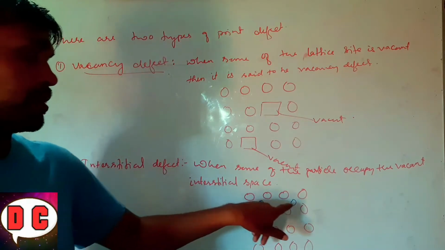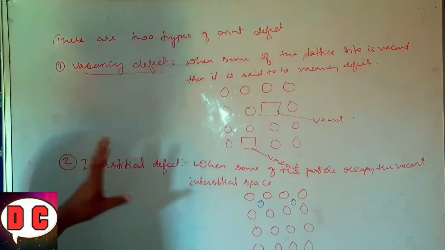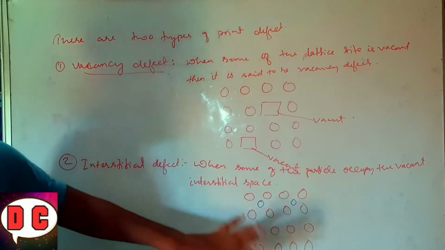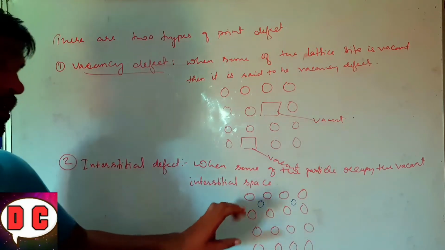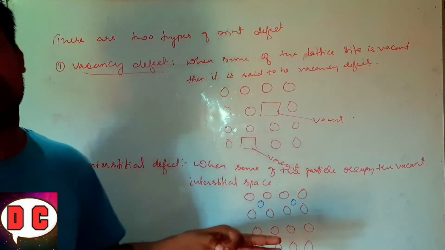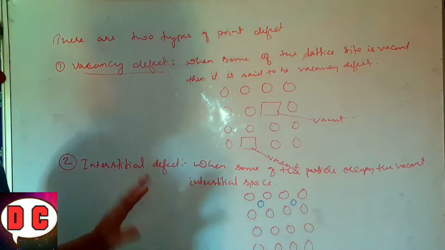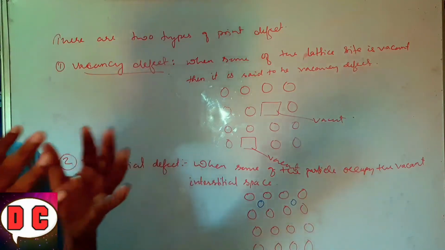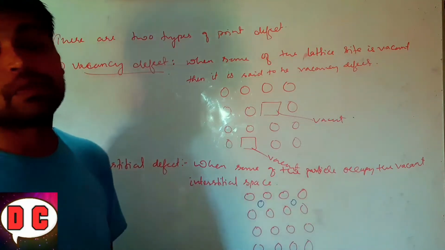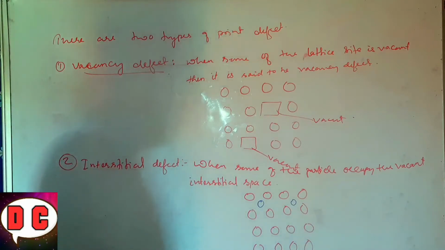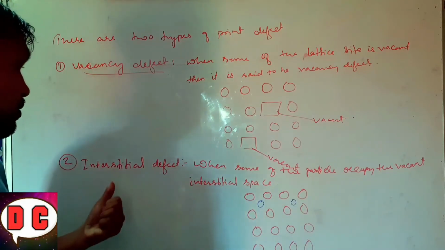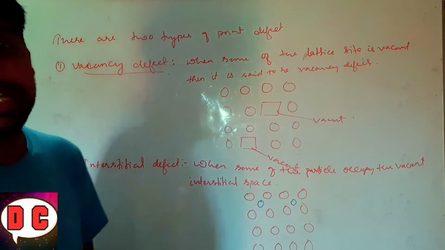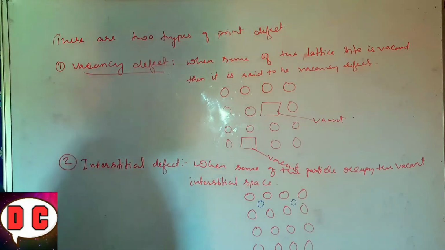These are called interstitial positions. They will have all the constituent particles in their lattice sites, but in between the gap also there will be one or two extra constituent particles. Hope, dear students, you have understood it.